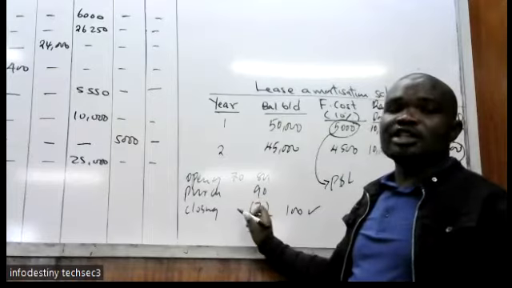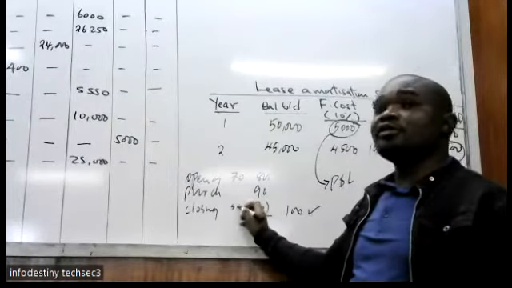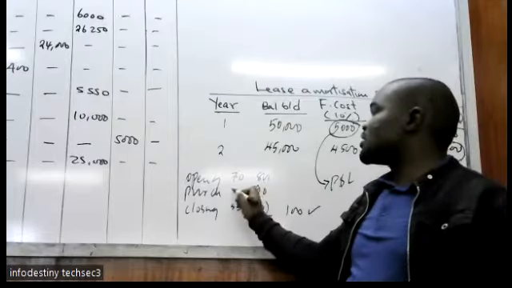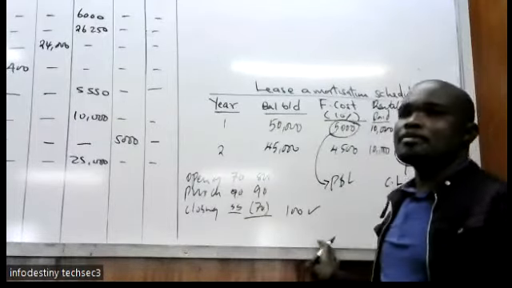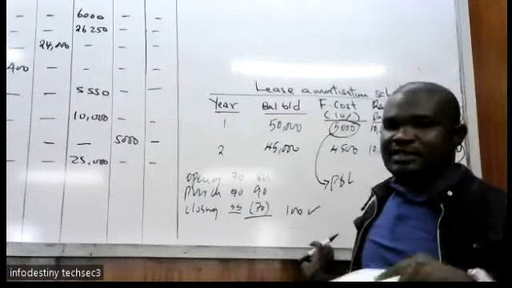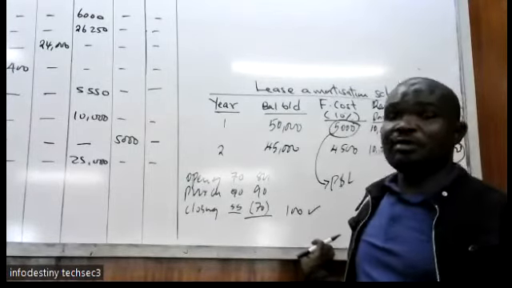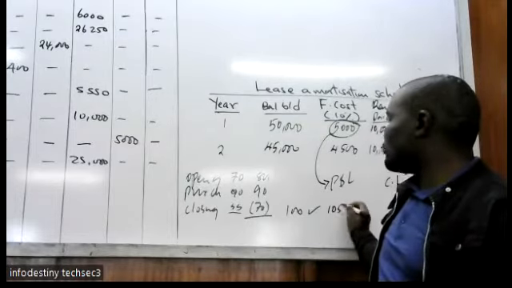Then closing was understated by 15, so understate this by 15, you get 55. What will be the cost of sales? Cost of sales will be 105.